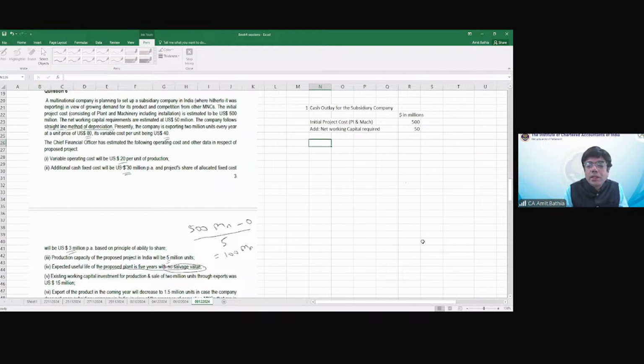And then I will say less working capital released from existing, which is 15. So 500 plus 50 is 550, minus 15. This is my net cash outlay.